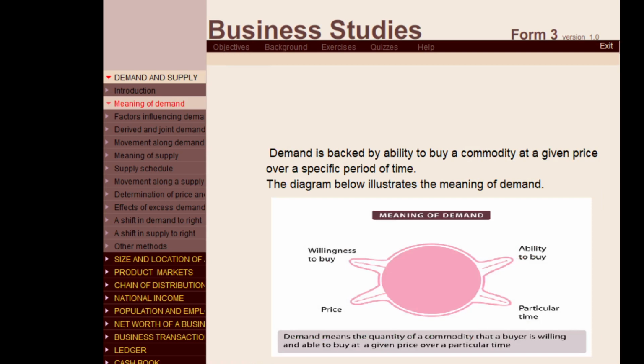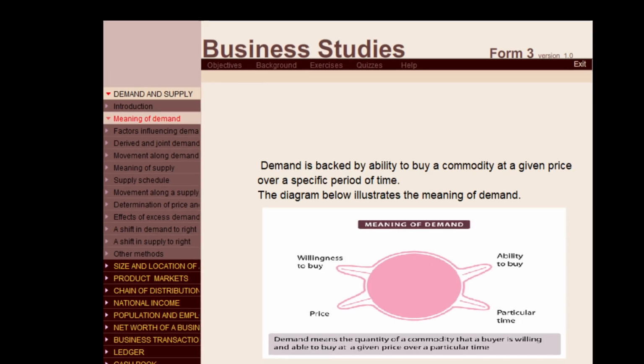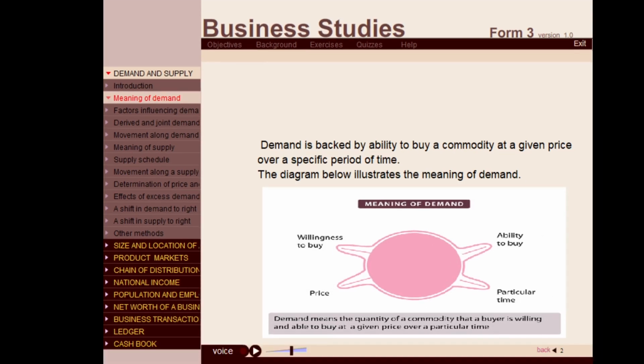Demand is backed by ability to buy a commodity at a given price over a specific period of time. The diagram below illustrates the meaning of demand.